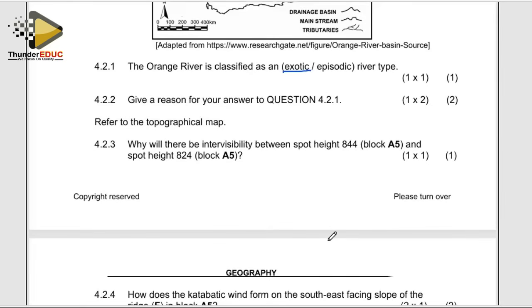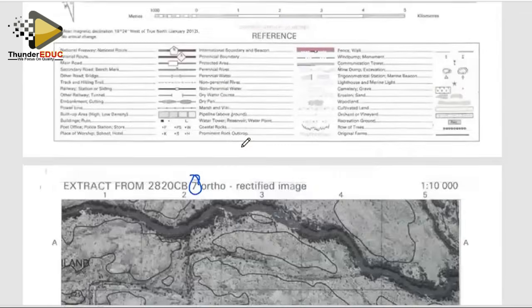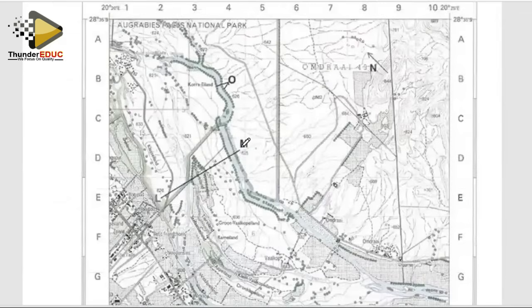Why will there be intervisibility between spot height 844 in block A5 and 824 in block A5? They're talking about intervisibility between the 2 points. Unfortunately, they're not very clear, but we're just going to use the idea of intervisibility.